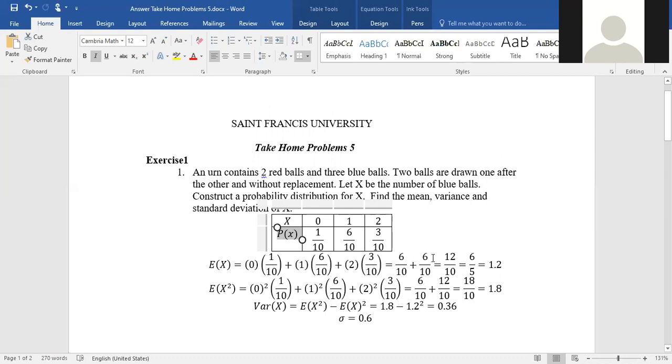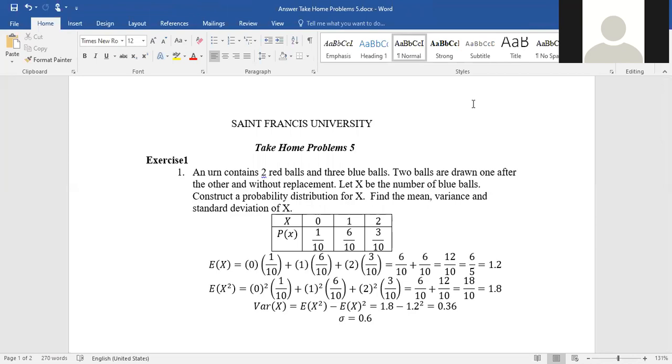That gives us 6/10 plus 6/10 equals 12/10, which is 6/5, equals 1.2. So the mean is 1.2.